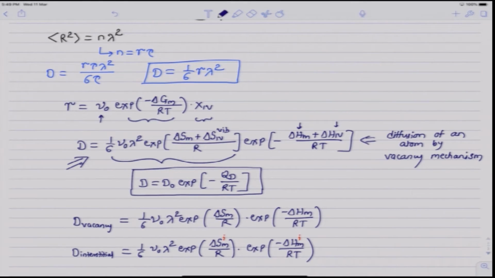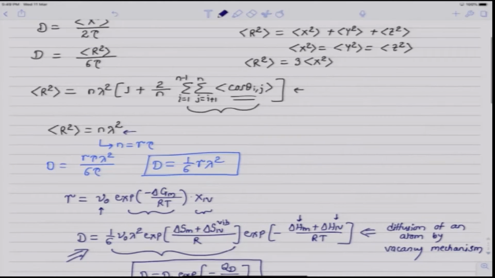This was true only when we are considering random walk. When the jumps are not random, then we need to use this more general expression here, that is we cannot take the average of cos theta_ij as 0.